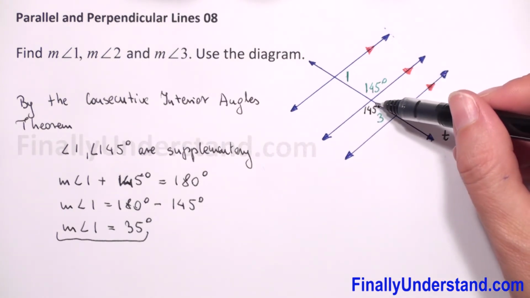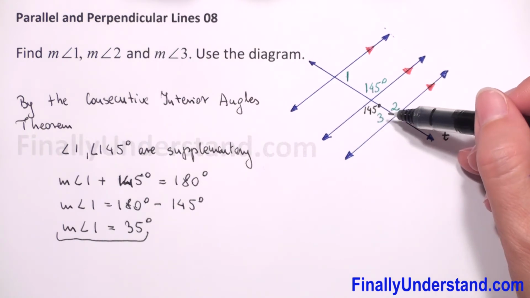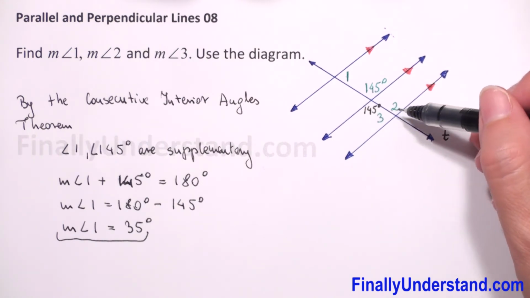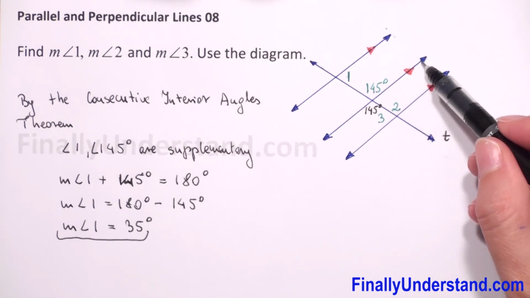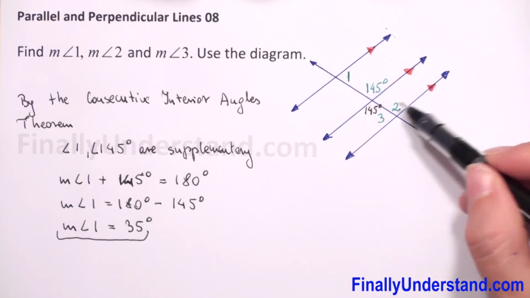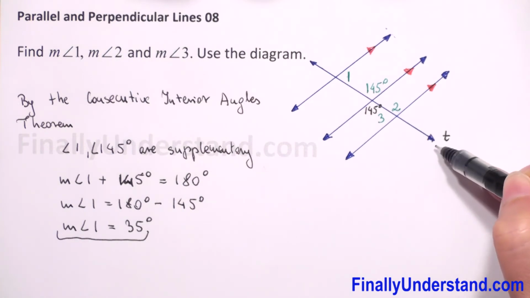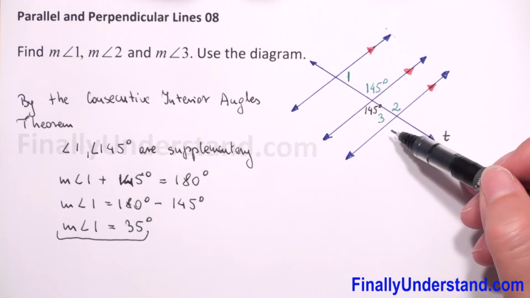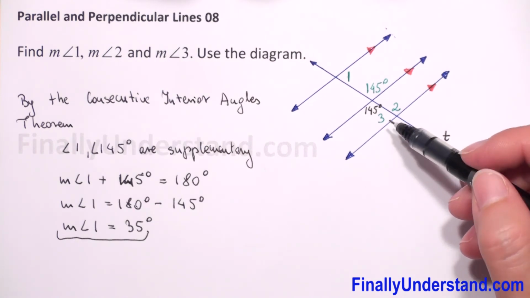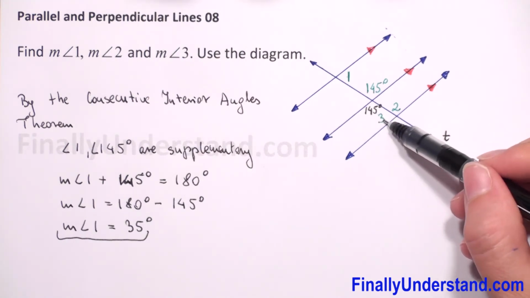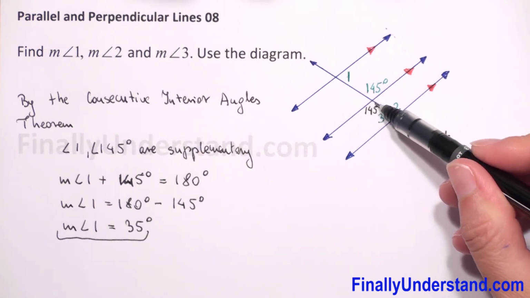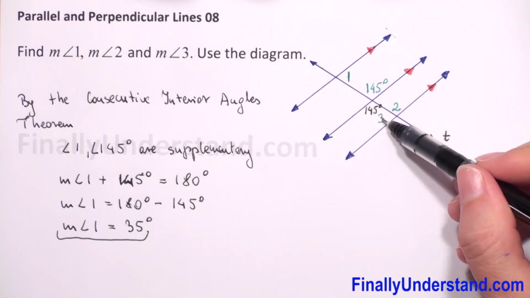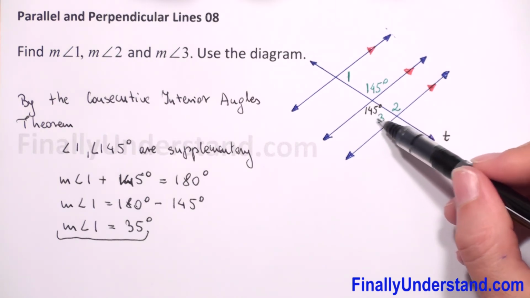So now we can use again the consecutive interior angles theorem, which tells us when 2 parallel lines are cut by the transversal, then the pairs of consecutive interior angles are supplementary. Let me remind you one more time that the consecutive interior angles are angles which are between these 2 lines which are cut by the transversal and on the same side of the transversal.